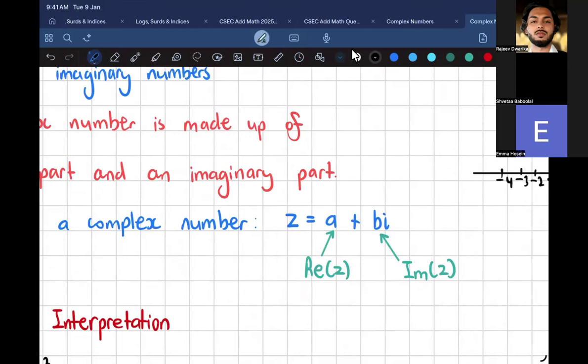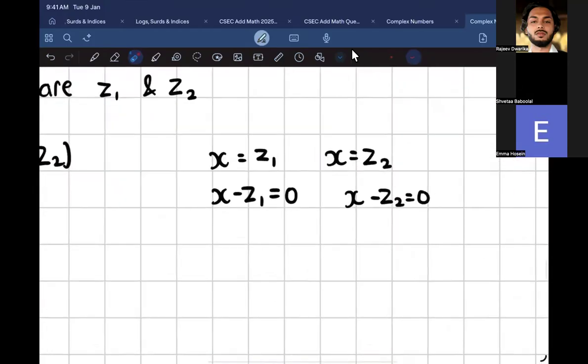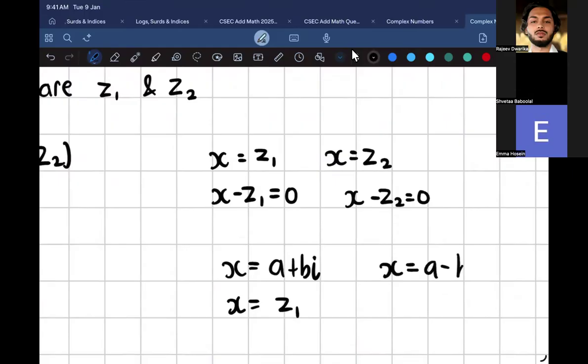So all I'm saying is a plus bi could be written as z. Instead of writing a plus bi, I'm just writing x is equal to z1. Instead of writing x is equal to a minus bi, I'm writing x is z2.